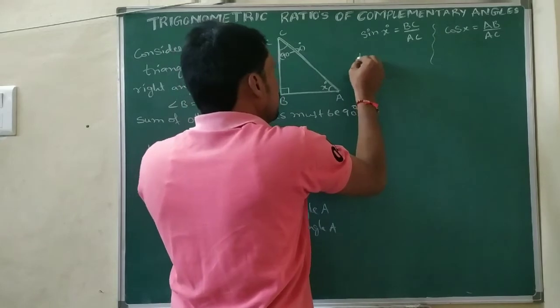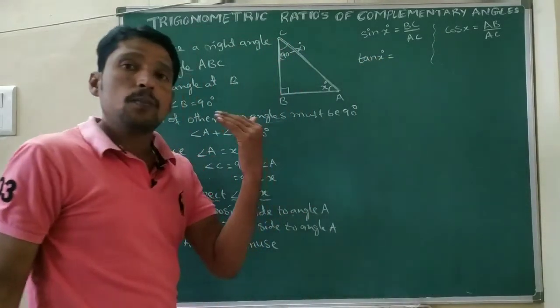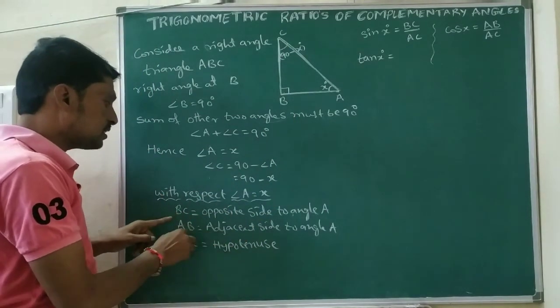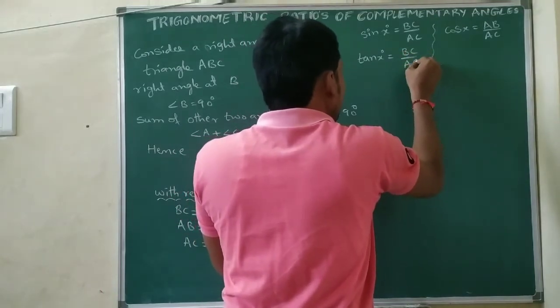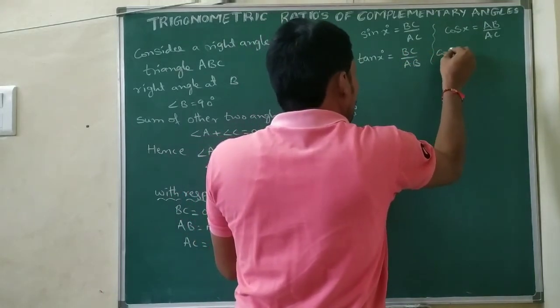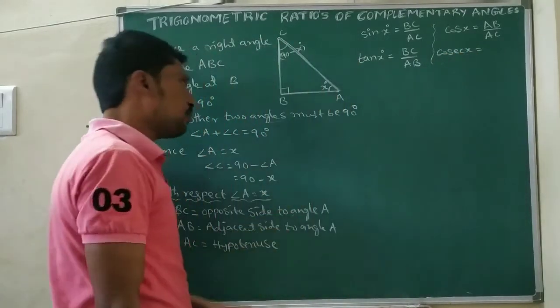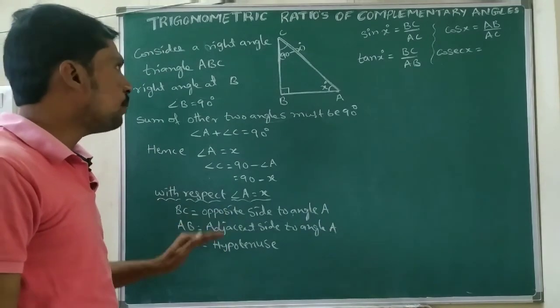Next you can take tan X degrees. So what is tan? Opposite by adjacent. Opposite is BC, adjacent is AB. So that means BC by AB. Next, cosec X degrees. Cosec means hypotenuse by opposite.